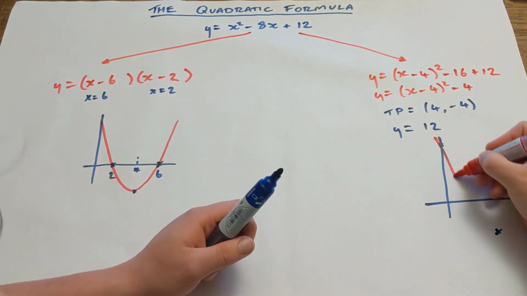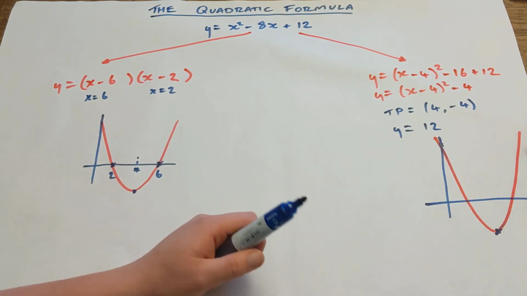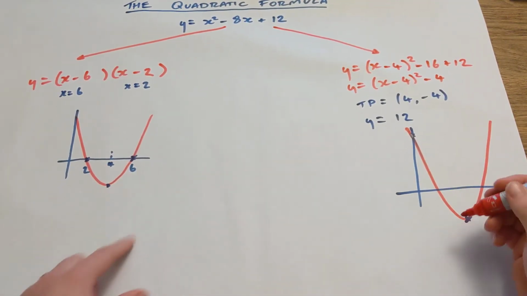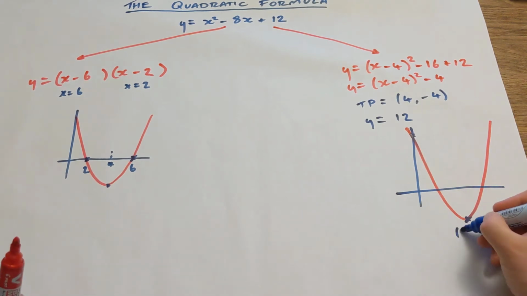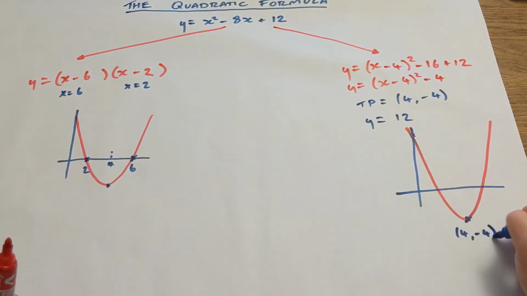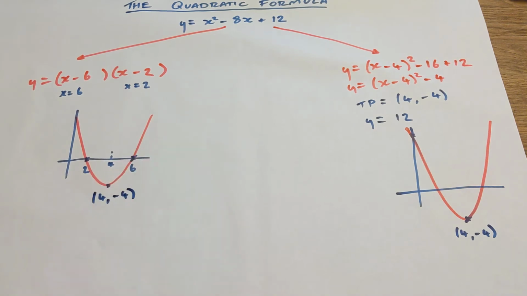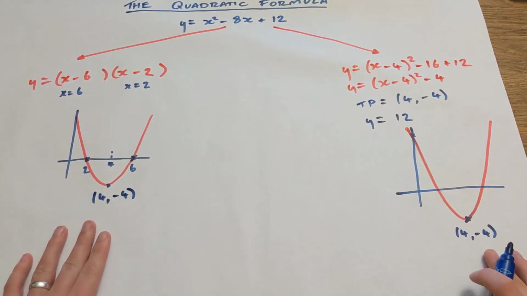So it's going to look like this. And you see that these are the same graph, because this is at (4, -4) and this is at (4, -4).